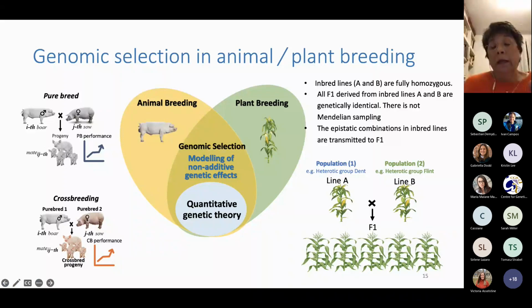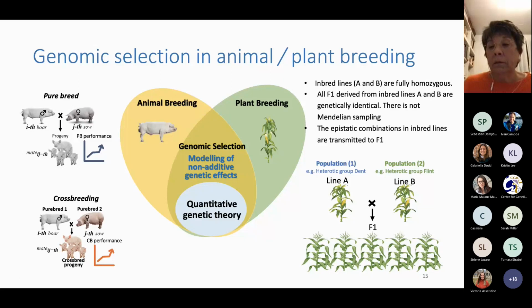This hybrid is generated by different lines, but one line is from one population, named a heterotic group, and the other line is from another heterotic group, and these heterotic groups are different. But the lines are fully homozygous.